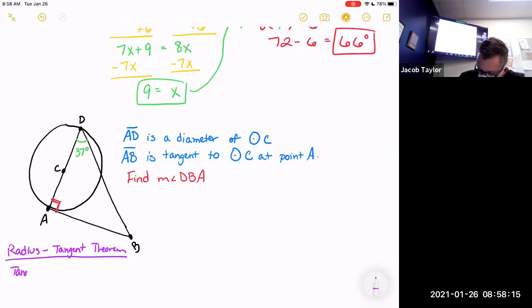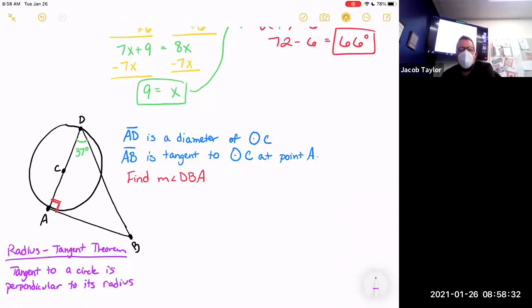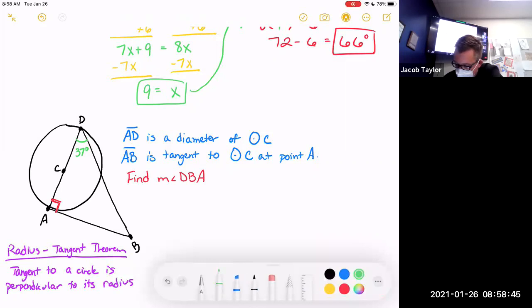A tangent to a circle is perpendicular to its radius. The end of that definition is probably at the point of tangency, but you get the idea. So it turns out finding the measure of angle DBA is actually super, super easy.